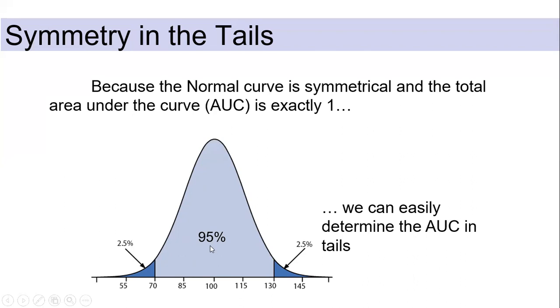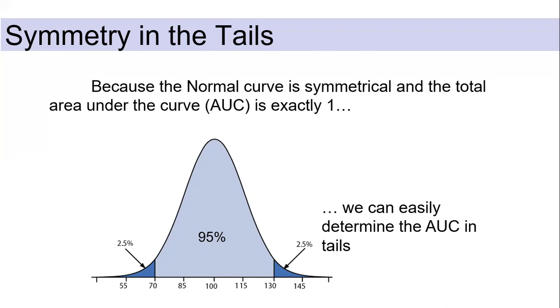So if it's 95% here, then remember the total probability is 100%. So subtract 95: 100% minus 95%, that's 5%. But since these two tails are symmetrical with one another, the areas in these two are equal as well.